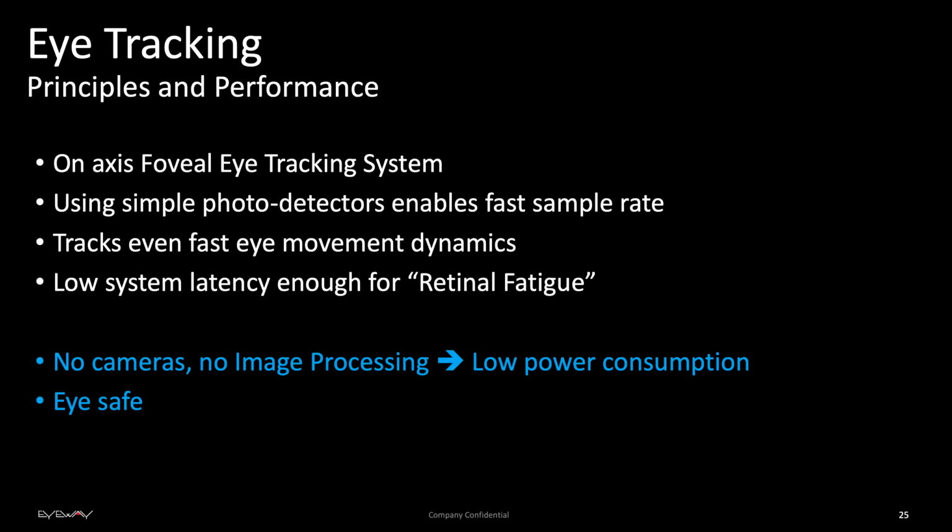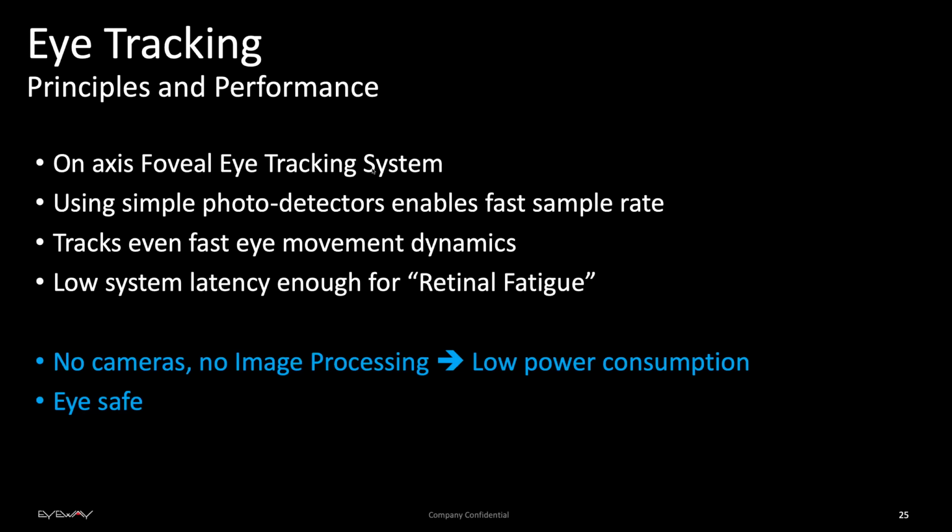So, let's continue. Regarding the eye tracking, it is on-axis, foveal projection, meaning that it illuminates the eye, goes inside the pupil, and scatters from the retina.